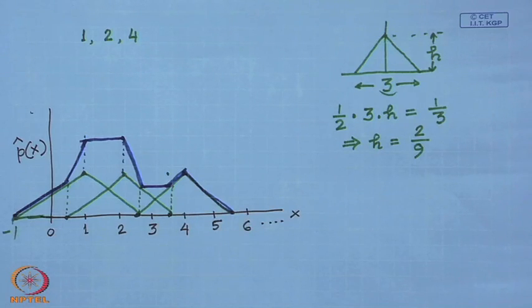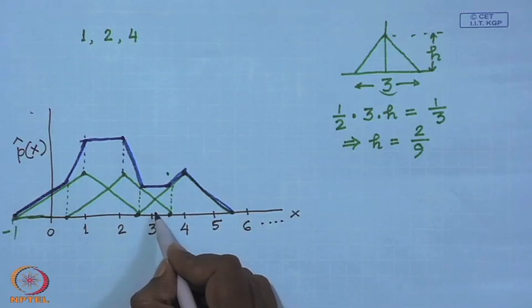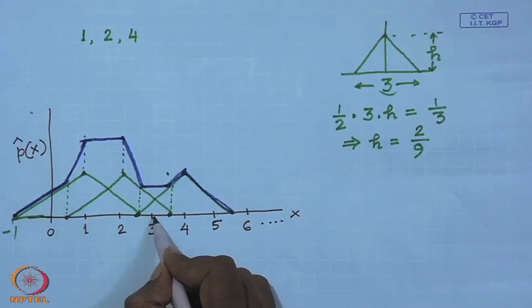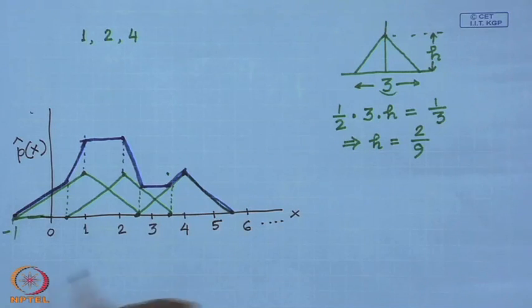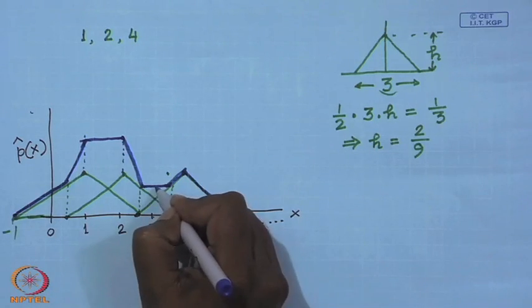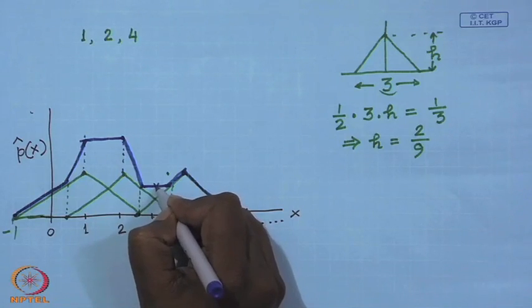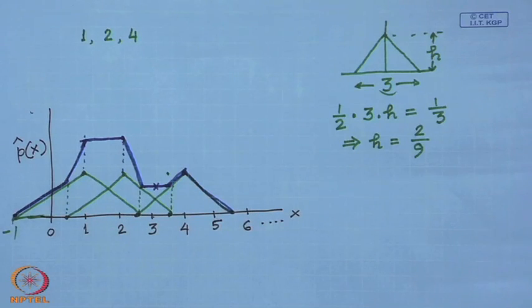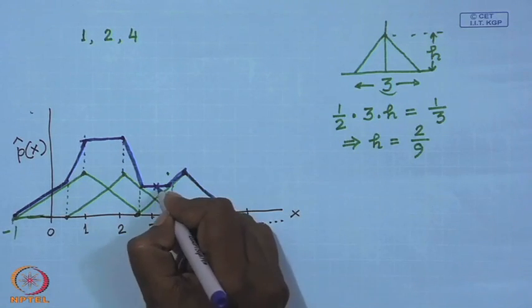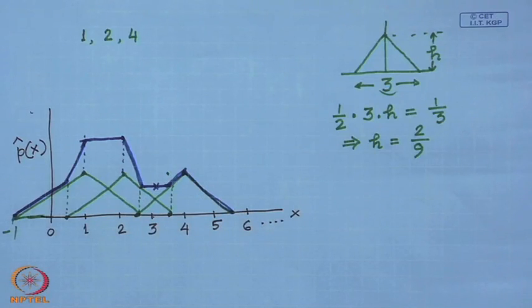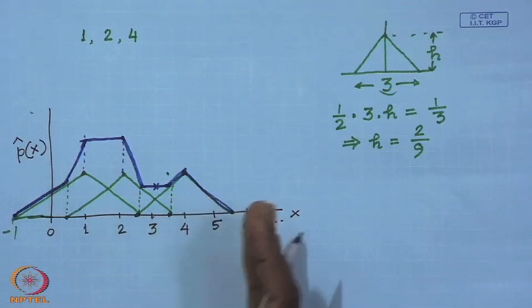Now, given this, if I want to find out the probability density at location x equal to 3, you find that it is nothing but the functional value of the final probability density, which is given by this value. Now, how do you compute this value?